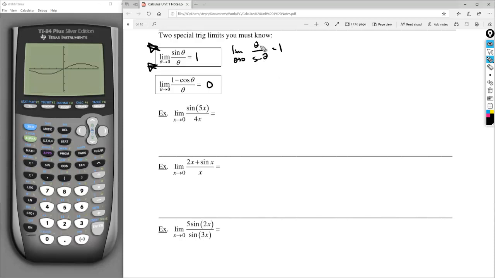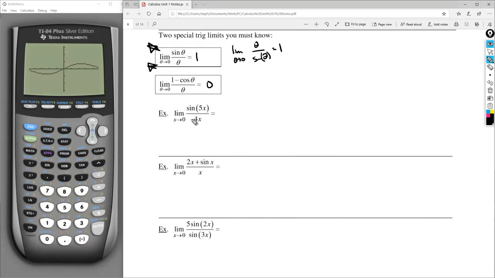Keep in mind that this is a ratio, so it doesn't really matter what's top or bottom in this case because I'll just end up getting 1 either way, right? Obviously, something divided by itself is going to give me 1. And all that matters, again, is that what's inside my sine and what is in my numerator or denominator, depending on where sine is, they just have to be the same.